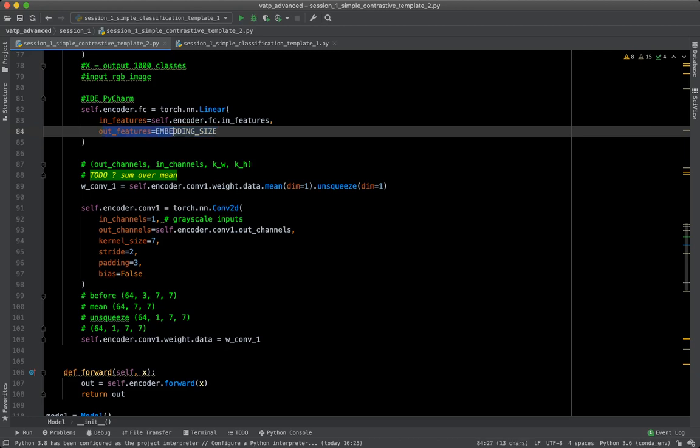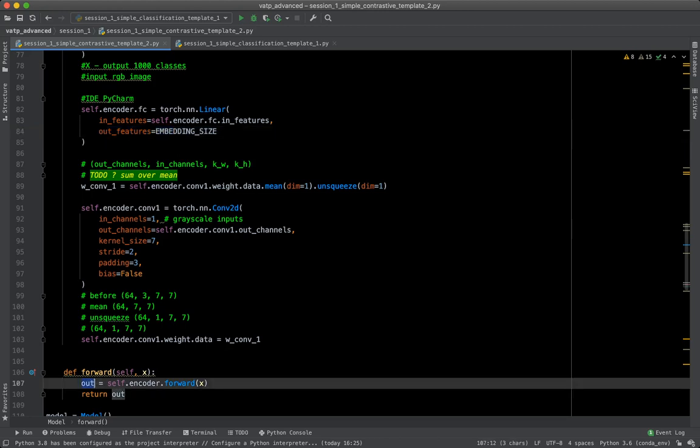So what is the embedding? The number of dimensions, right? So the last output before the softmax that we had before, that is called the logits, right? And that is just a vector that we apply the softmax to, and then we get the probability distribution. So here we want to learn this last layer.